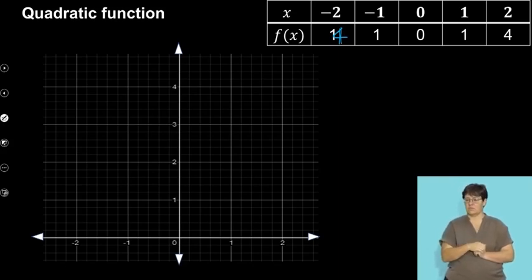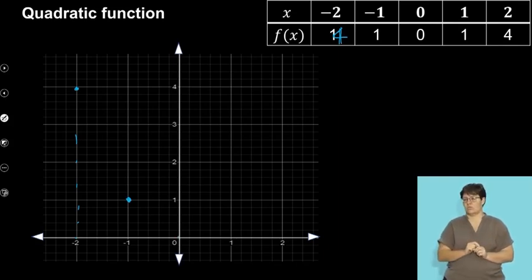Firstly, I will start with minus 2. From 0, you move 2 units to the left, at minus 2, you move 4 units up, so it will land you at this particular point. And then at minus 1, you move 1 unit up, and it will land you at that point.